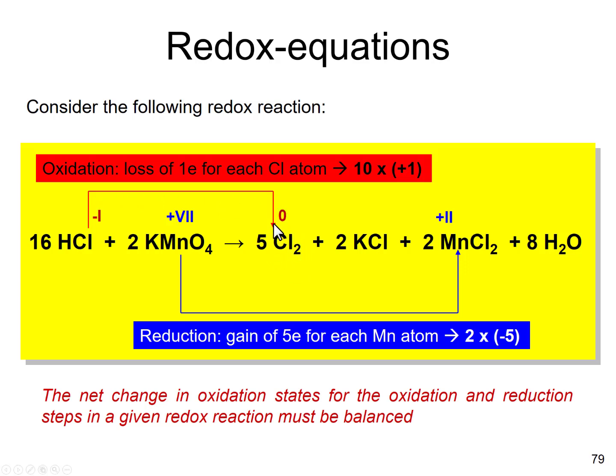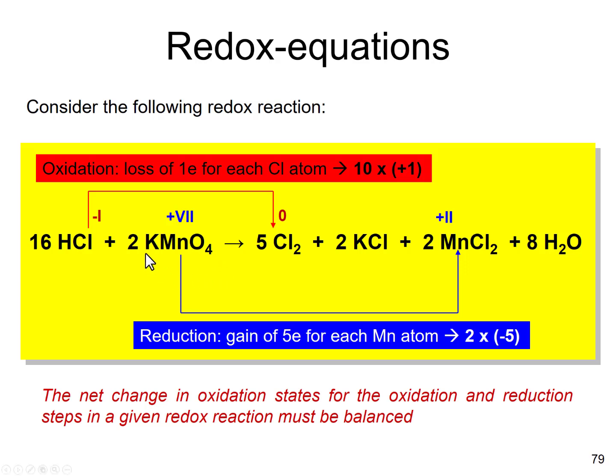So if you follow the red line here, you know that an oxidation state of -1 has been converted to an oxidation state of 0. So the chloride has lost an electron, which means it has been oxidized. And since you are having 5 molecules of chlorine, you have to lose essentially 10 electrons, which means 10 times +1.